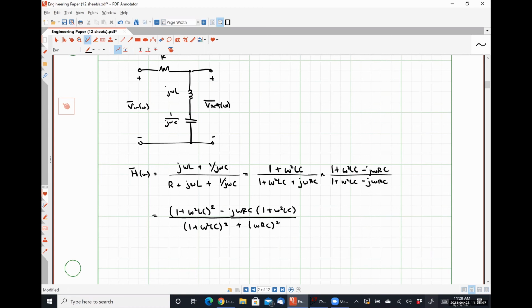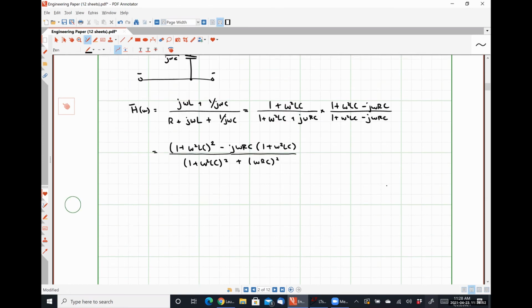So we've got this guy in a form to where we can find the frequency response. So our magnitude of this guy is then 1 minus omega squared LC quantity squared over 1 minus omega squared LC quantity squared plus omega RC quantity squared, this whole fraction squared.